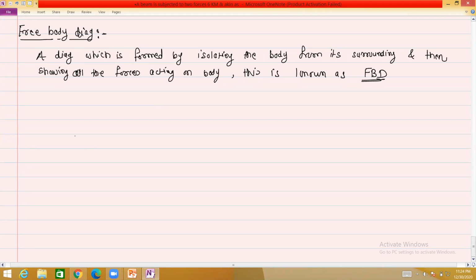So what is the meaning of isolating the body? We can consider one simple example. Consider one lamp hanging to the ceiling with the help of two cables. So this is the ceiling.